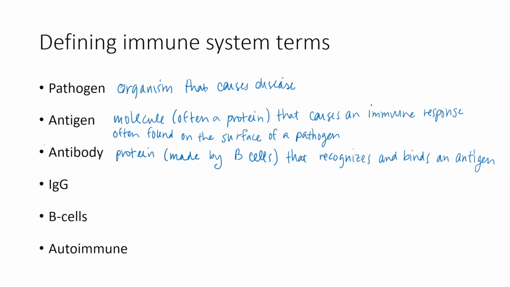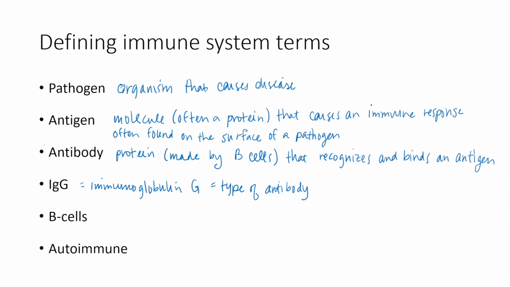So IgG is short for immunoglobulin G, and it is a type of antibody. So all antibodies are immunoglobulins. There are different ones that are all named with different letters that have slightly different functions.